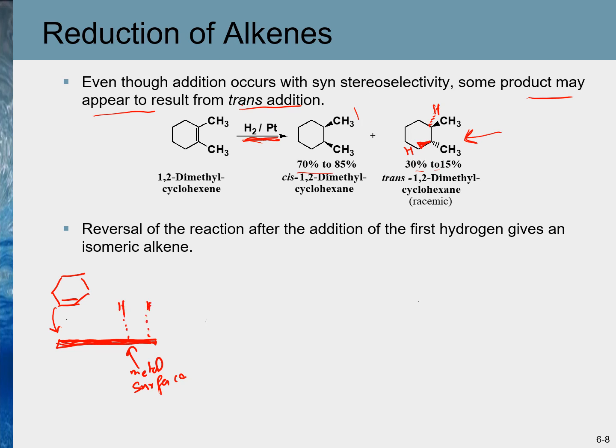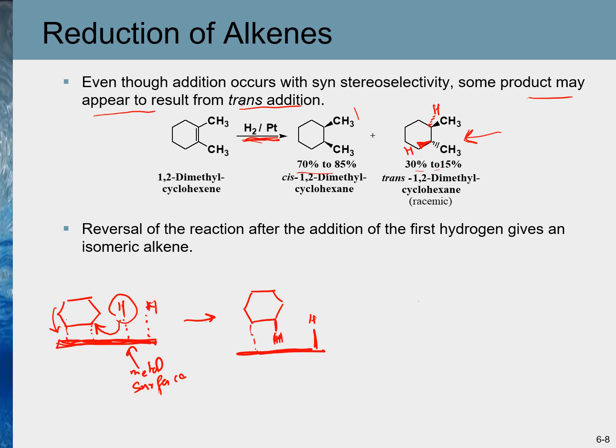So this would be hydrogen, and the alkene will also form a bond with the metal, and then one of the hydrogens will be transferred from the metal surface to the alkene, and it would result in addition of hydrogen to one of the carbon atoms.